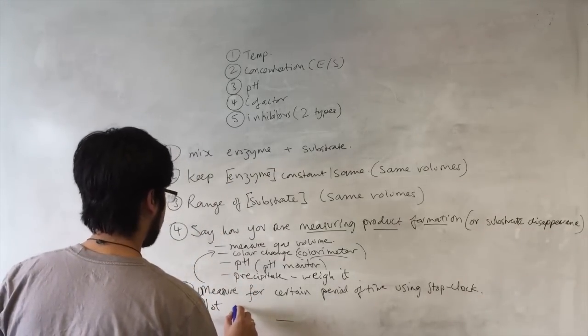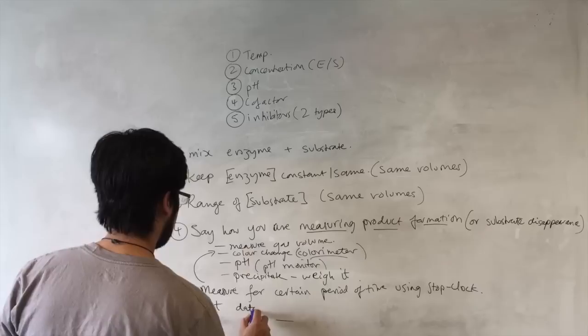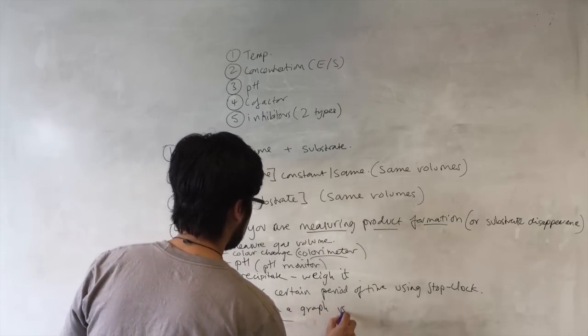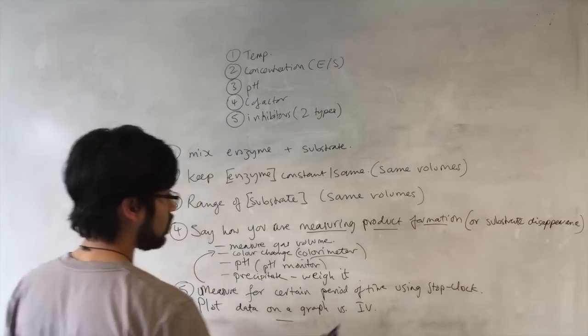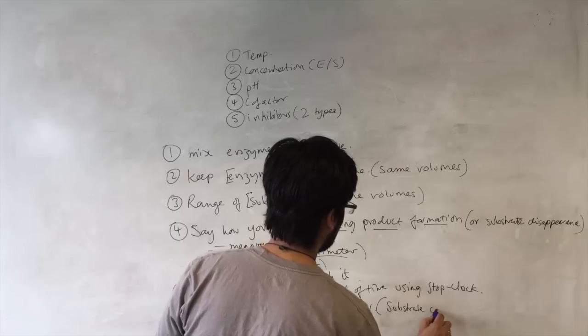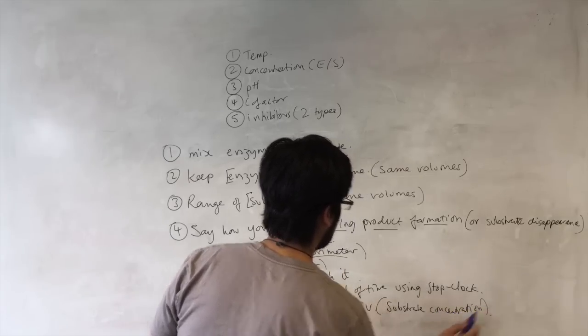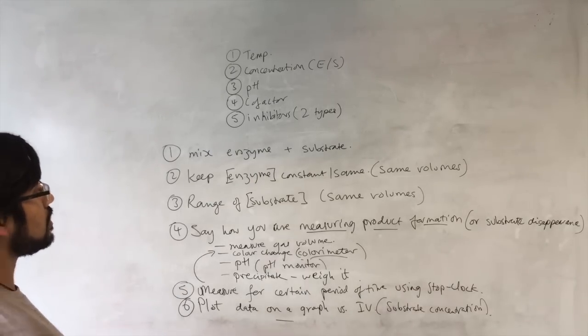Plot data on a graph versus whatever independent variable you had. So in this case, it would be substrate concentration. Okay, right, I hope this is making sense.